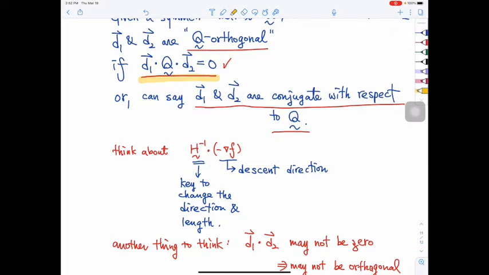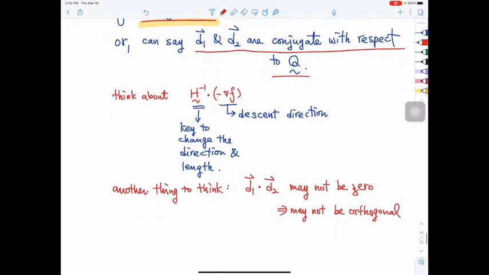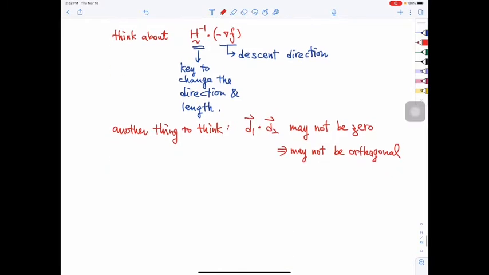And what does it mean? The way I memorize it, or try to understand this, is like this. I always have a feeling that Q is the matrix that makes a transformation on D2.